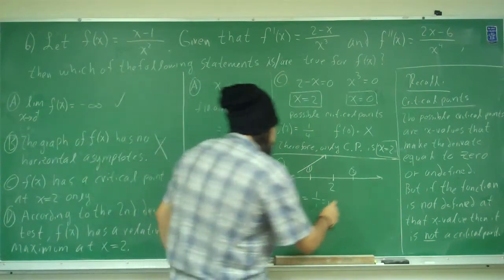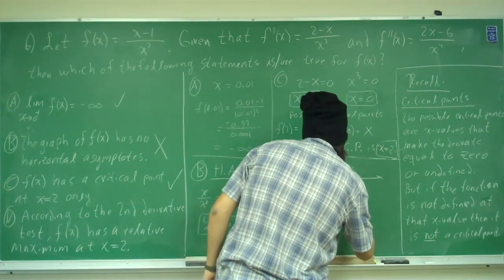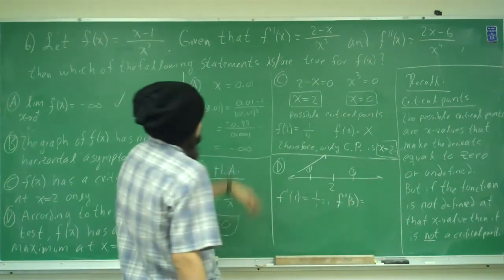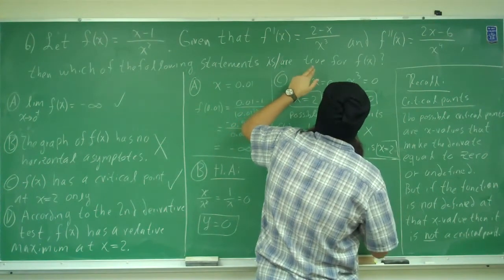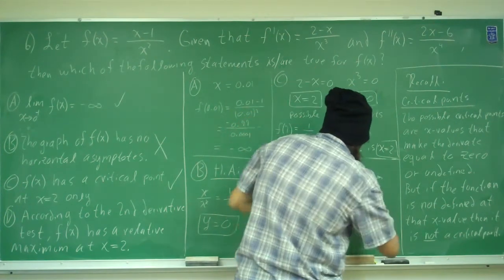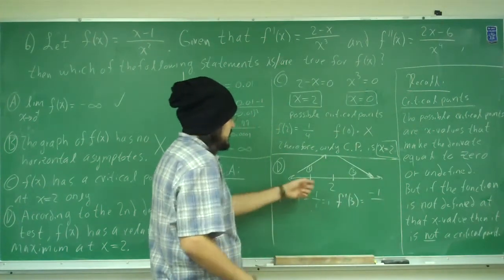Let's find f prime at 3. That's 2 minus 3, which is minus 1, divided by 3 cubed. So this whole thing is a negative number, so the graph is going down. What does that mean?